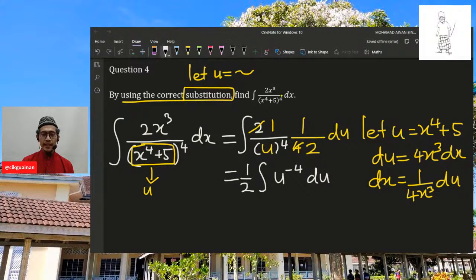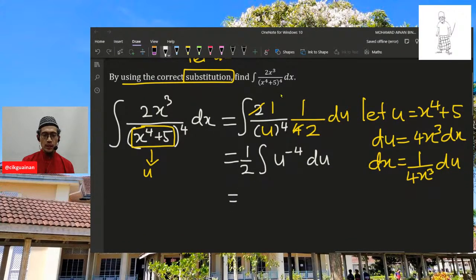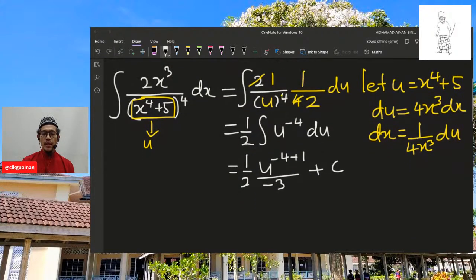Then we can integrate: 1 over 2, u power minus 4 plus 1 over minus 3, plus c. Making it better, 1 over 2 times 1 over minus 3 is minus 1 over 6 u power minus 3, plus c.